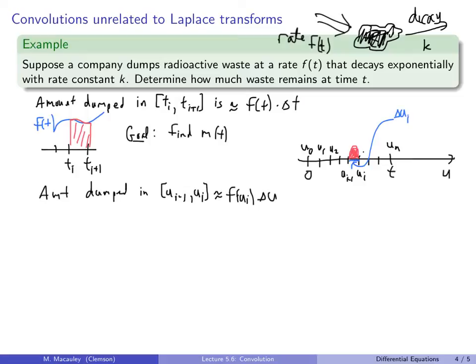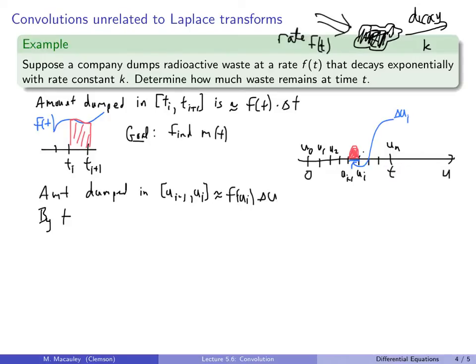So this little red amount is dumped here, but once it gets dumped, it starts decaying right away. It decays until it gets to time t. So let's write that down.